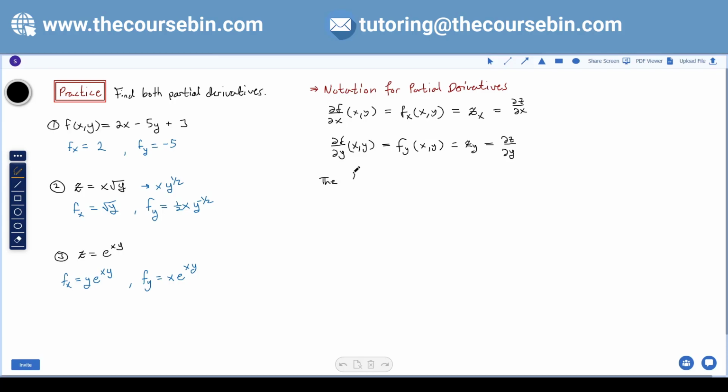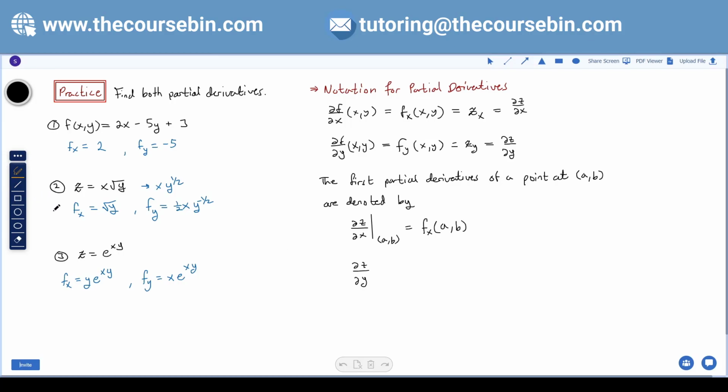Okay, so say the first partial derivatives of a point at a comma b are denoted by dz dx at ab equals fx at ab, right? And dz dy at ab equals fy at ab.